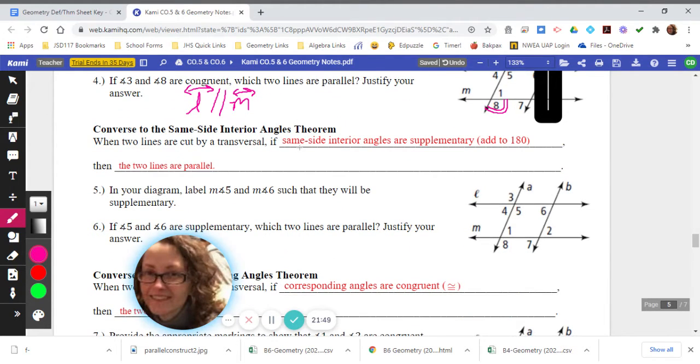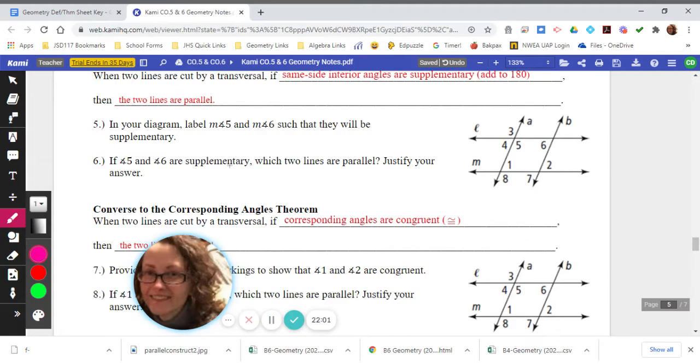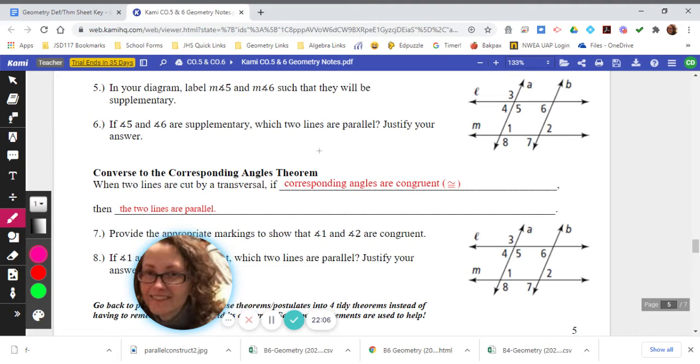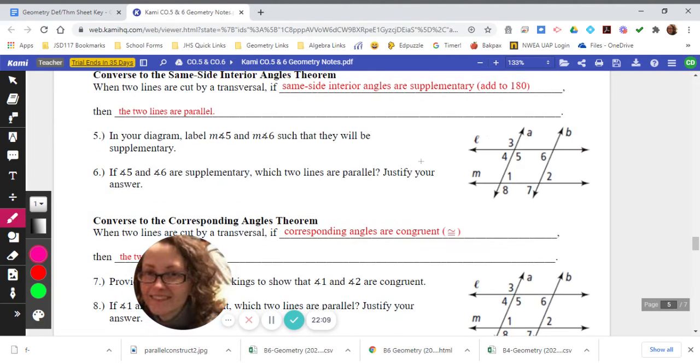The next converse that we're going to look at is that if same-side interior angles are supplementary, not congruent, then the two lines would be parallel. So I'm going to use my diagram to label 5 and 6 as supplementary. Here I want to do 1 arc for 5 and 2 arcs for 6, since they're not going to be congruent this time, I don't want the same number of arcs.